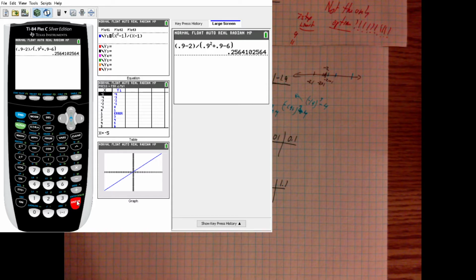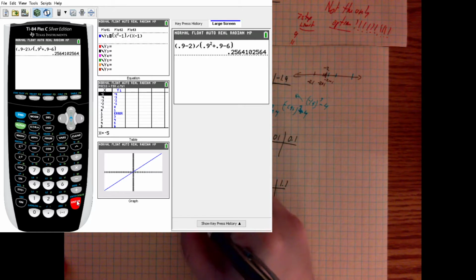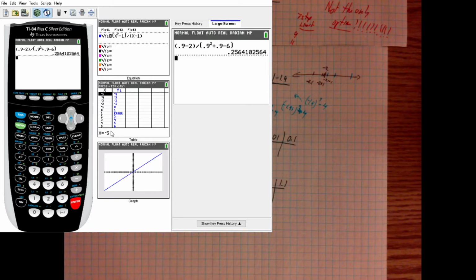And what do I get? When I type in 0.9, I get 0.2564. Okay, that's fancy.